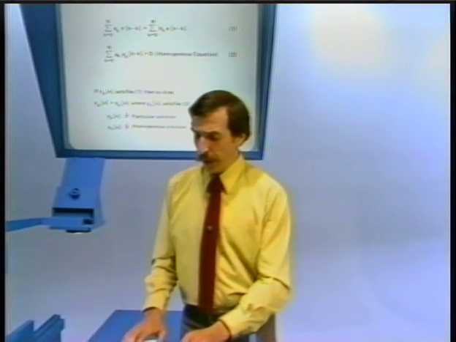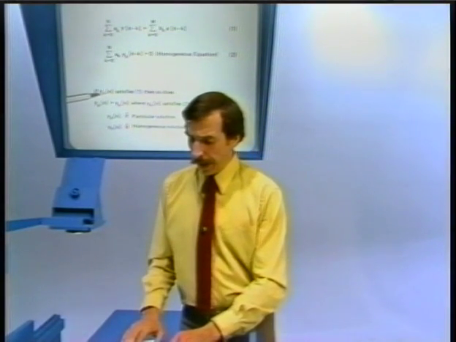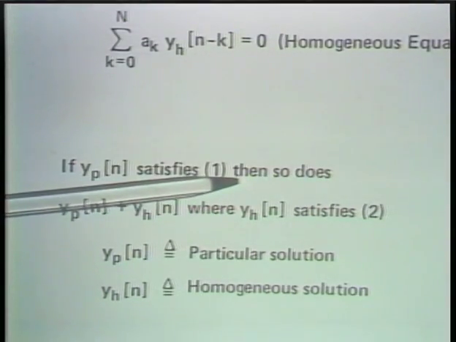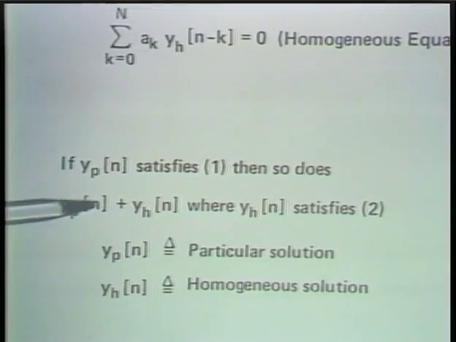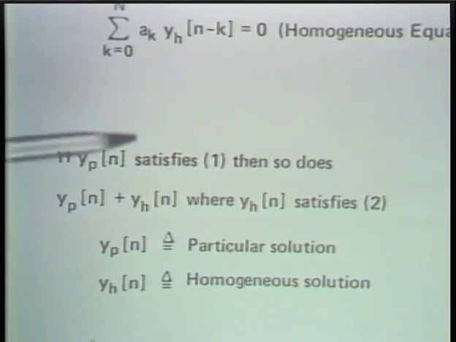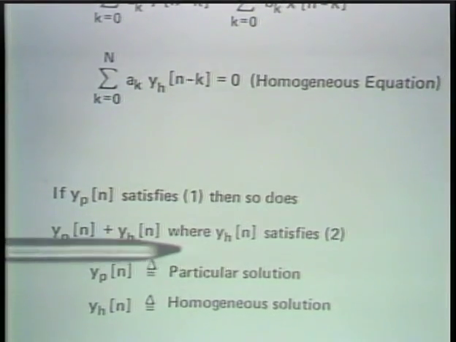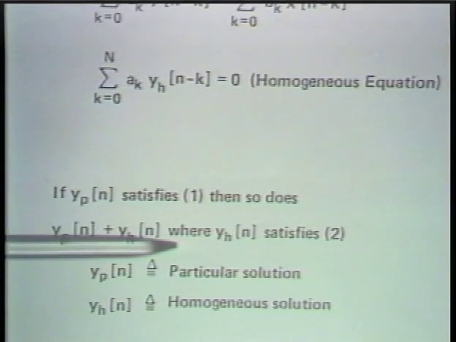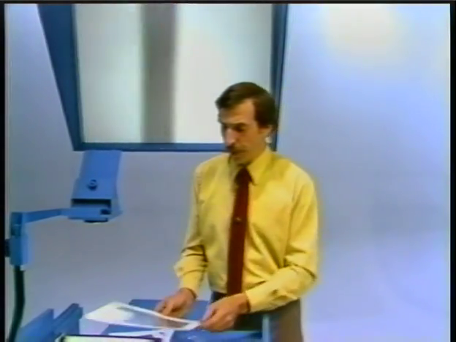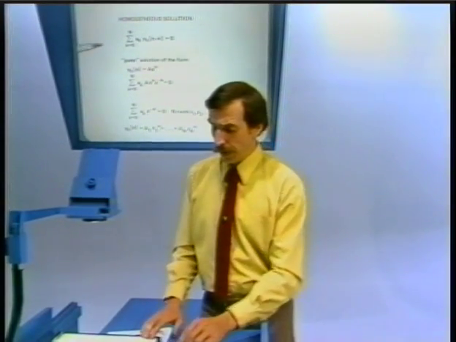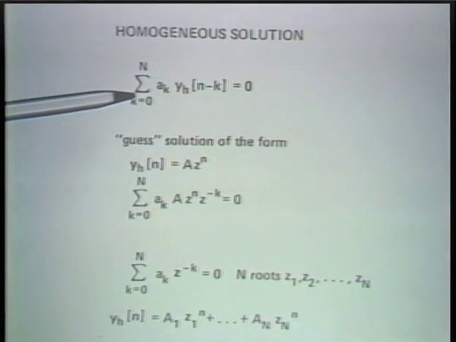So if we have a particular response that satisfies the difference equation, then adding to that any response that is a solution to the homogeneous equation will also be a solution to the total equation. The homogeneous solution, again, is of the form of a linear combination of exponentials. Here we have the homogeneous equation.